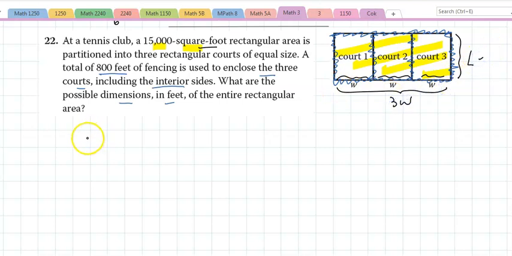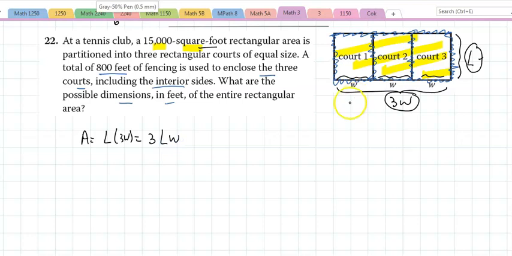So first we start by saying, well, look, area of this is length times width. Area is length times 3W. It's really 3 times the length times the width.